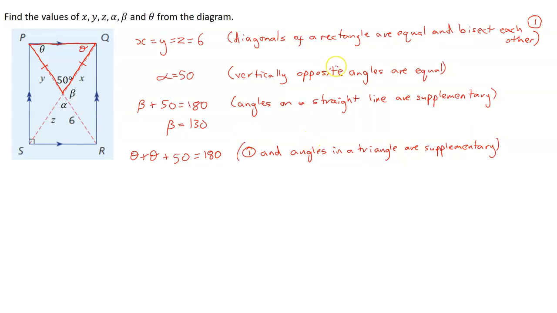Within a single question, it's okay for you to reuse reasons, so labeling it with a number and writing it again. But if you move on to a new question, then you've got to write the reason out again.